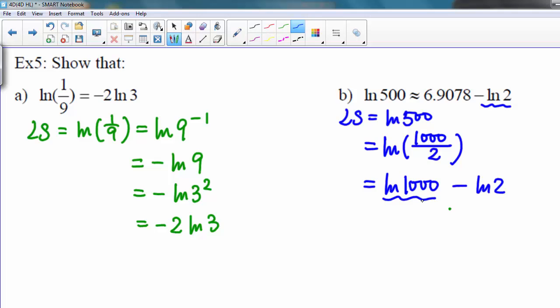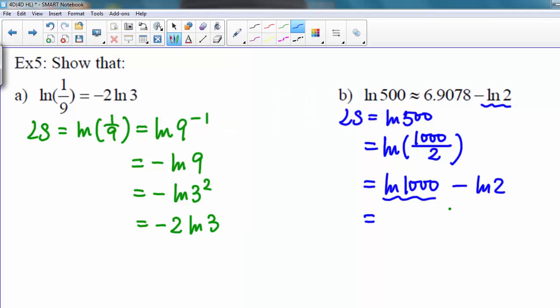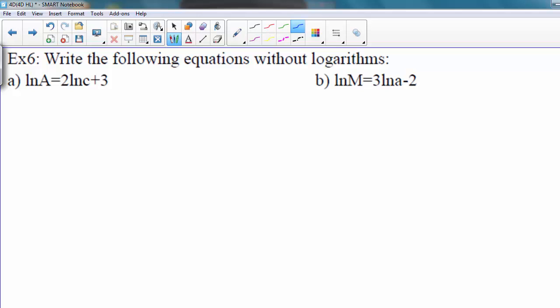You can use the graphing calculator to find the log 1000. So log 1000 is 6.907755. If you round to 4 decimal places, it's 6.9078 minus log 2.